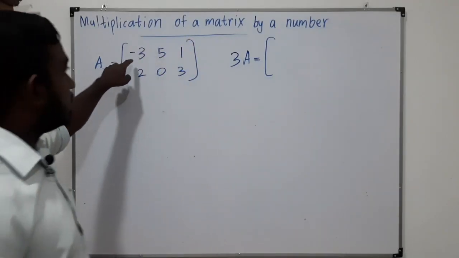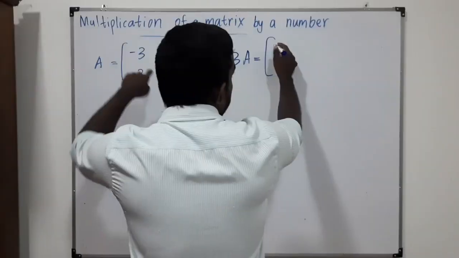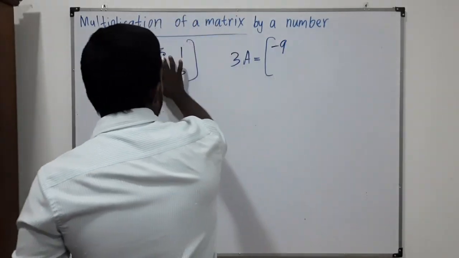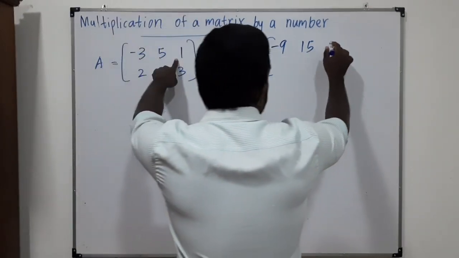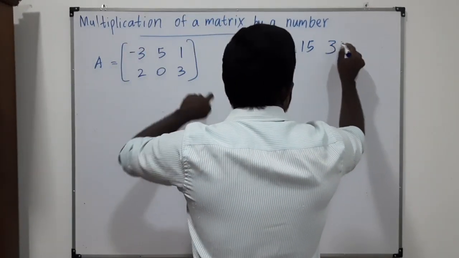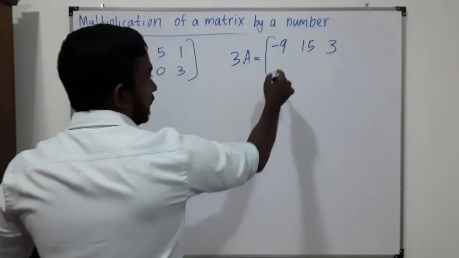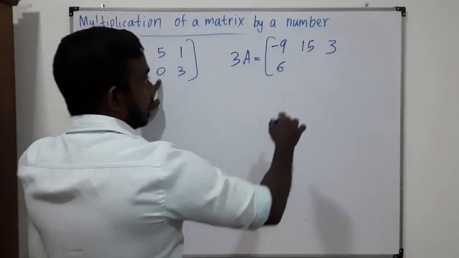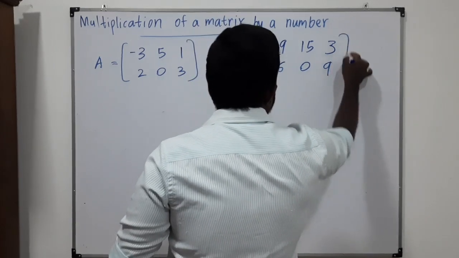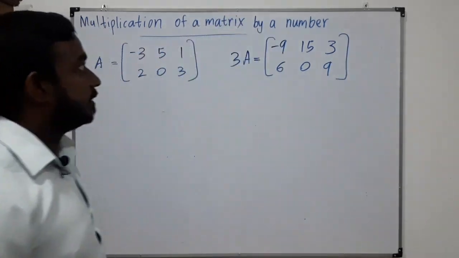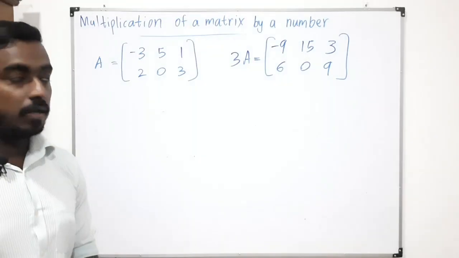So that will be very easy. 3 times -3 will be -9. 3 times 5 is 15. 3 times 1 is 3. Then 3 times 2 is 6. 3 times 0 is 0. 3 times 3 is 9. So it is very easy to multiply by a number.